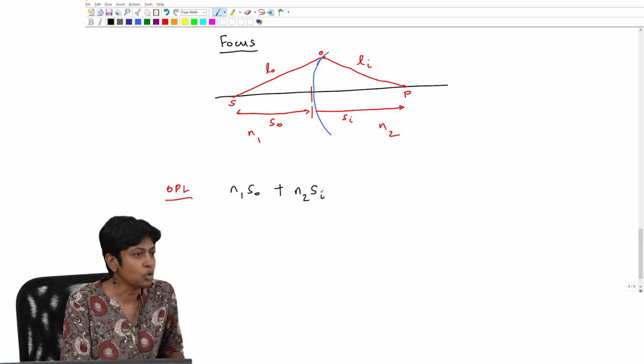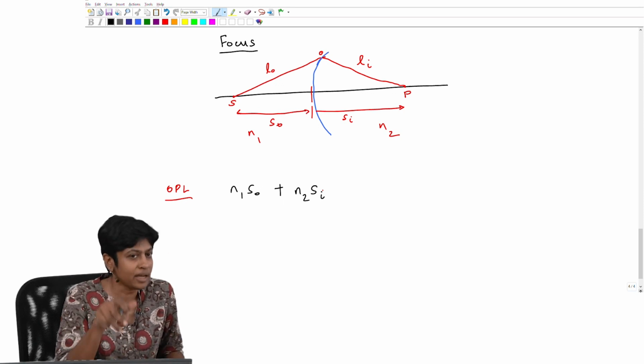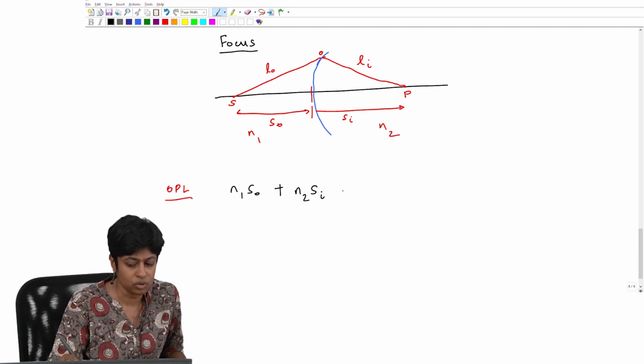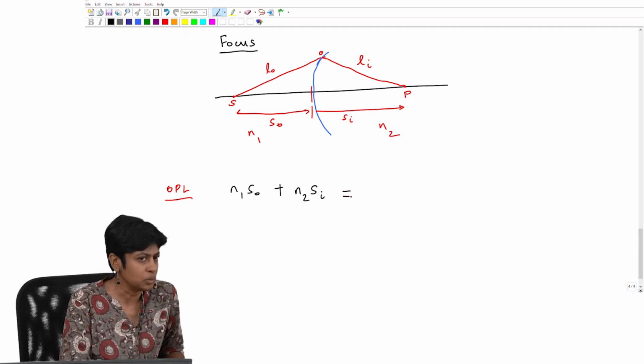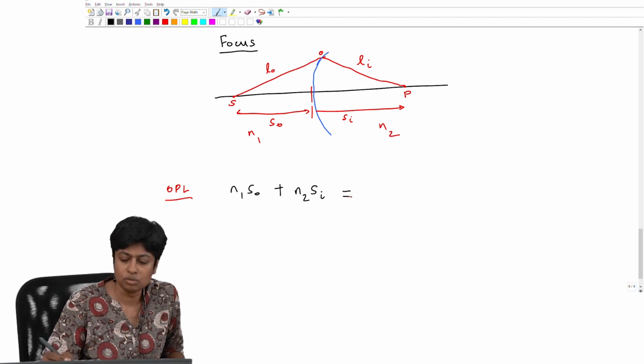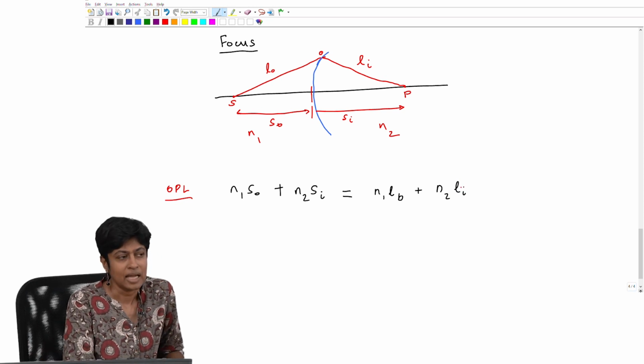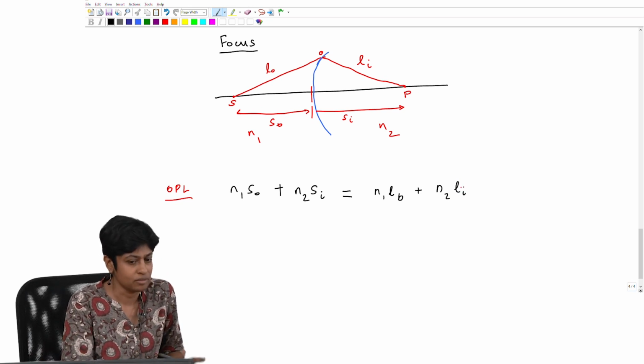Now, our goal is every ray coming from this point S should arrive at point P. In other words, for the second ray that I have drawn, the path length should be equal. So, n1 into L0 plus n2 into Li, and this should be true for any ray that I draw.